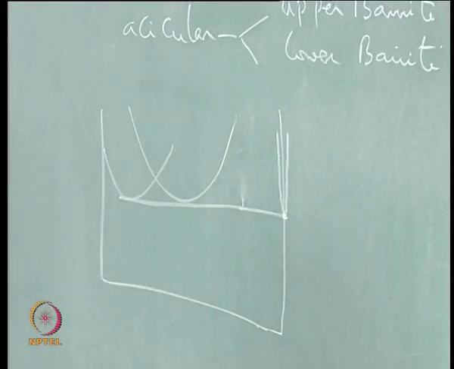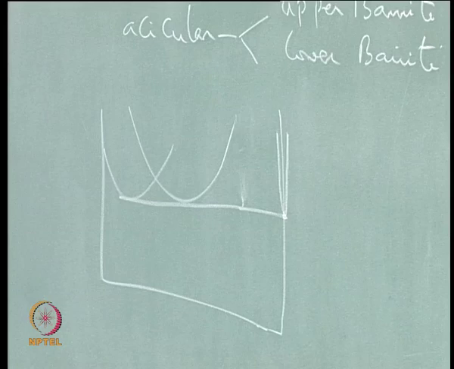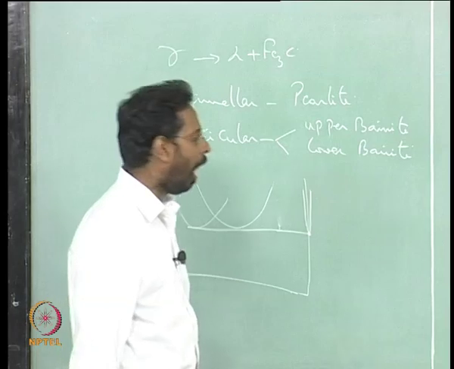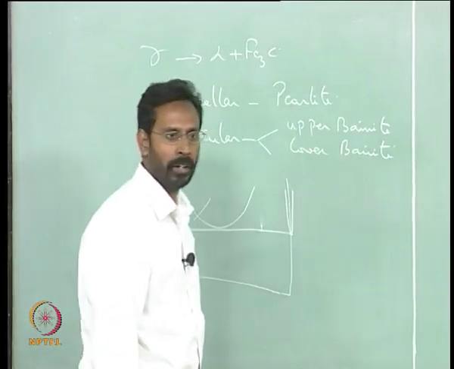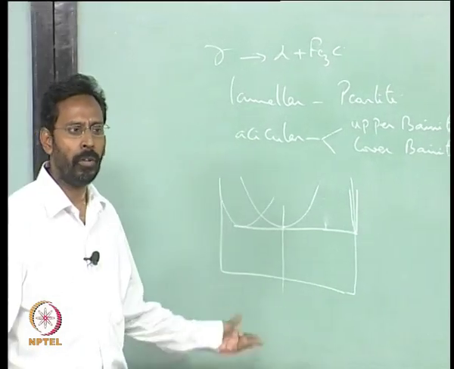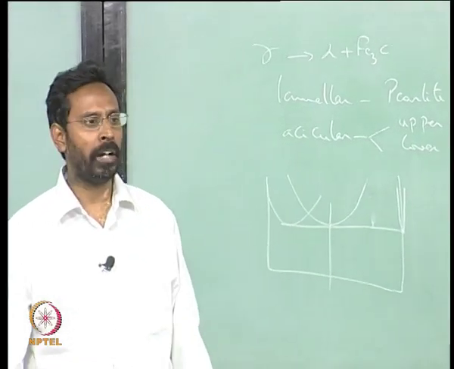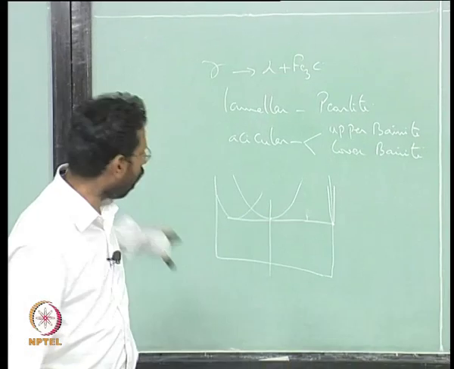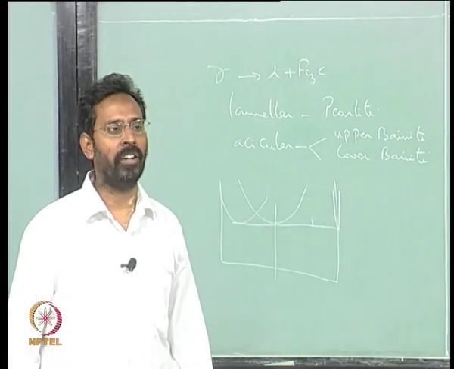So, at the A1, which is the eutectoid temperature, in principle this is the type of situation. If I am considering an alloy of eutectoid composition, there is no driving force for the alpha plus cementite to come, because all of them are on the same tangent.